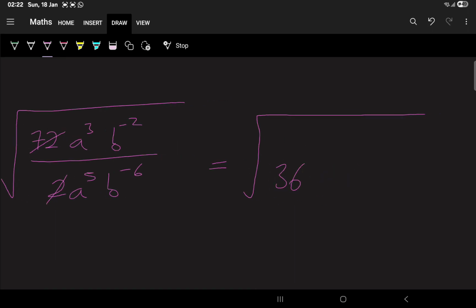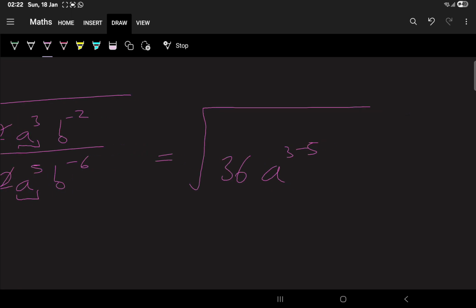Now using the division law here, we can see like bases of a. So this is going to be a raised to the power of 3 minus 5. And also we can see like bases of b here.